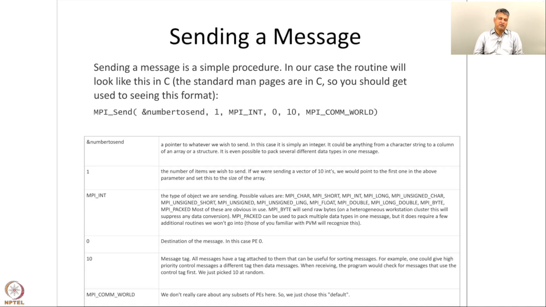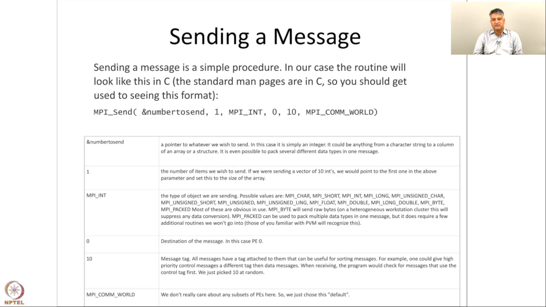For example, in this case, we are saying it's an MPI integer. Let's say the integer on this particular system is 4 bytes. It could be 4 bytes, it could be 8 bytes, it depends on the machine's definition. What we are essentially telling the MPI send function is: please go to this memory address and take one integer from there, which is essentially take the next 4 contiguous bytes and transmit it.